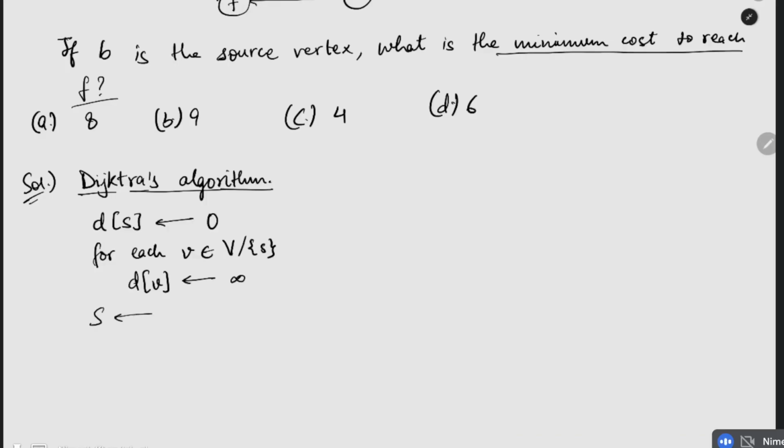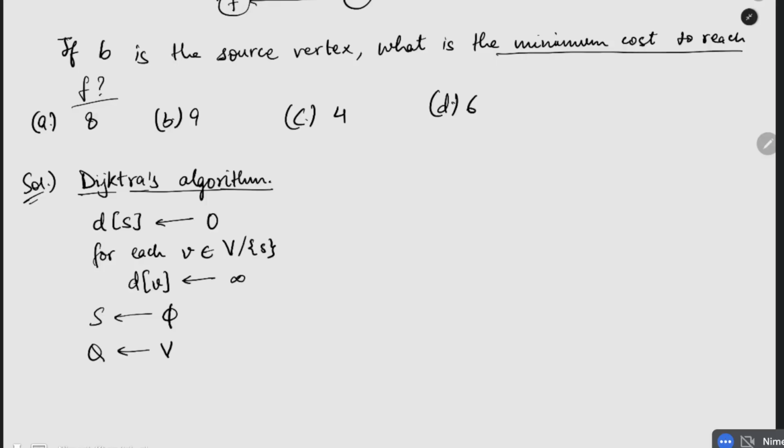So we initialize a set S as null, right? And we initialize our priority queue as the set of all the vertices, right? So we initialize it like this, but going forward, we keep updating it with the vertices that are remaining basically, right?